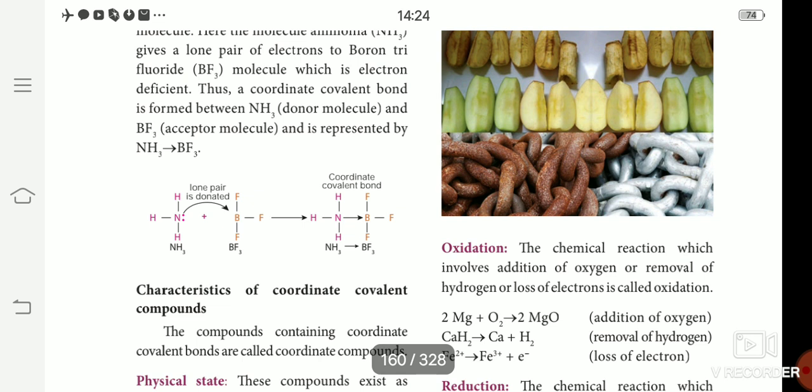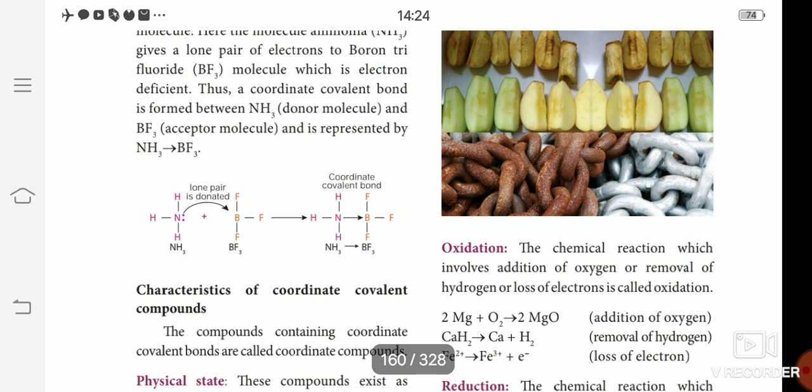H2O is water. Then the last reaction is Fe3+ plus an electron, which is the gain of one electron. Gain of one electron means the charge becomes one less.